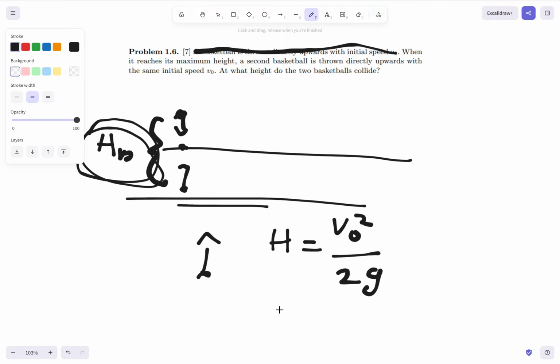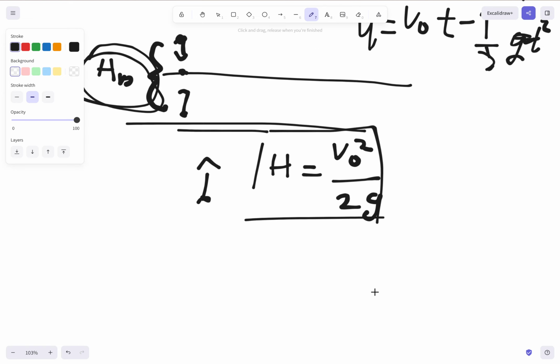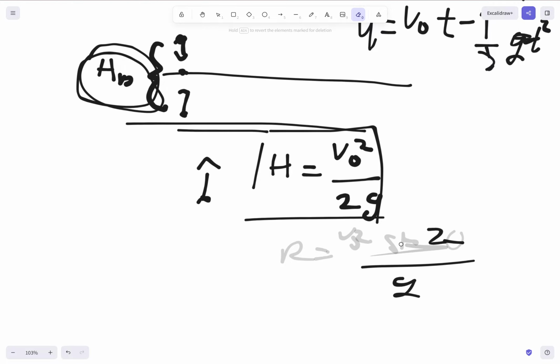I think this comes from y equals V O T minus 1/2 G T squared, and then you plug in the time. But you should memorize this, as well as R equals V O squared sine 2 theta all over G. That's the range formula. It's how far it will go if you throw it at this velocity and this angle.